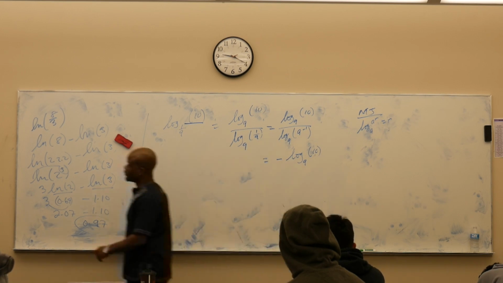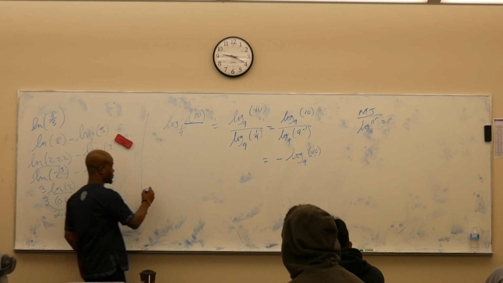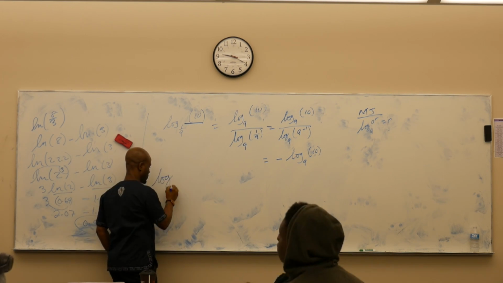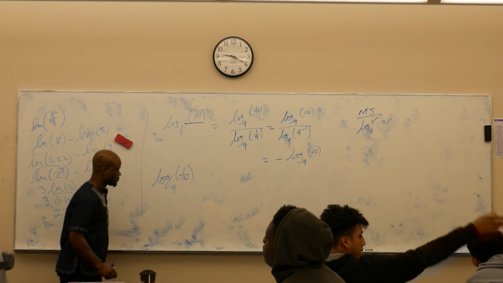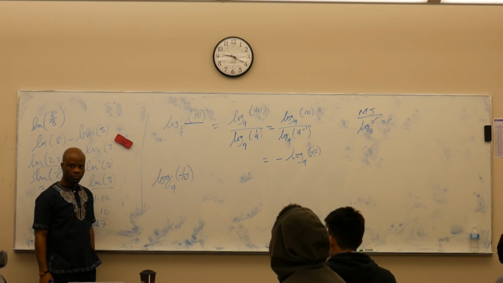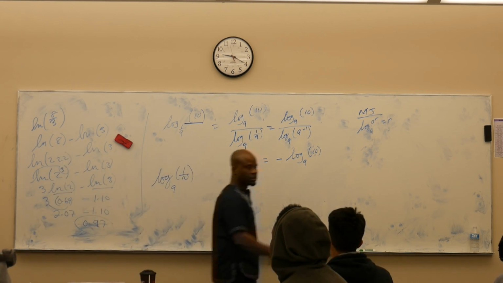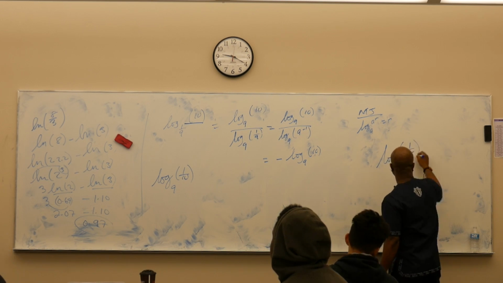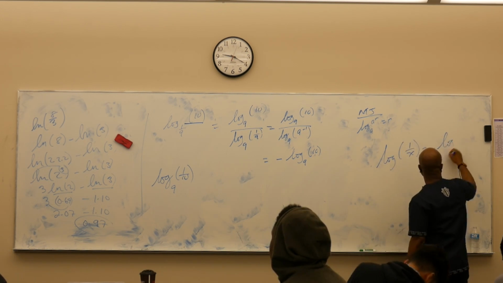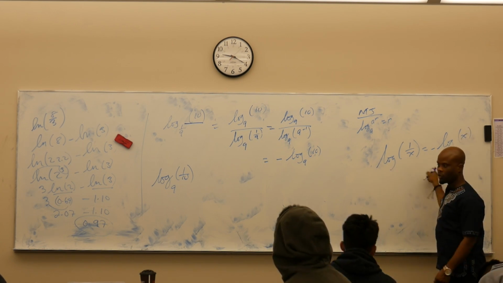Now let's compare that to the log base 9 of 1 over 10. We have a property that says the log of 1 over anything is just negative the log of that thing, whatever base we got.